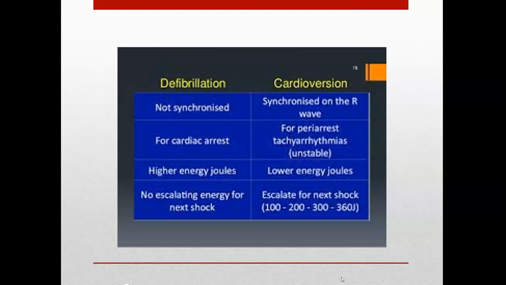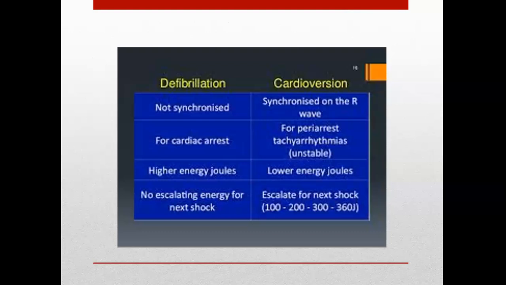Okay, so I've mentioned the differences before, but here's a little chart for cardioversion and defib. So defib is not synchronized. It's for cardiac arrest. We use higher energy joules, and we don't escalate energy for the next shock. Cardioversion, we synchronize on that R wave because we want it to hit on the QRS. It's for peri-arrest tachyarrhythmias that are unstable.